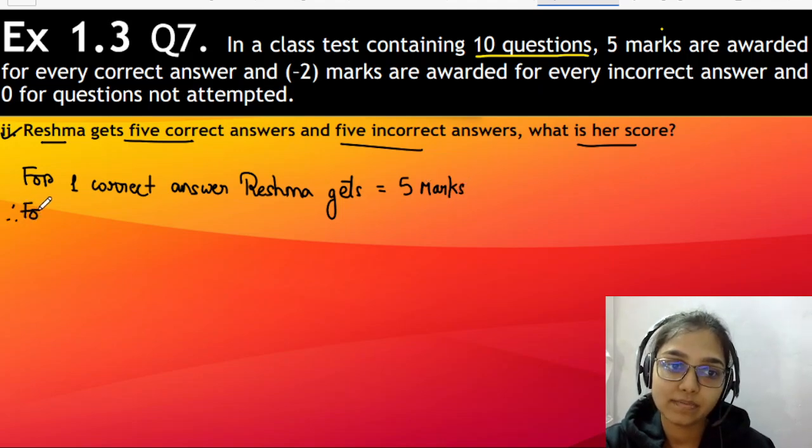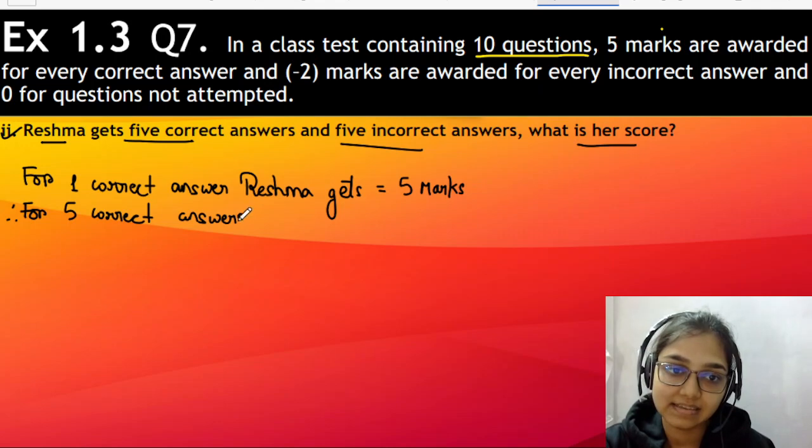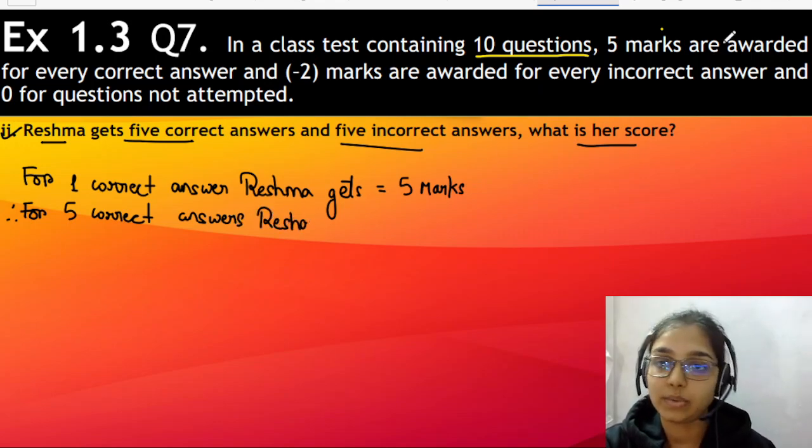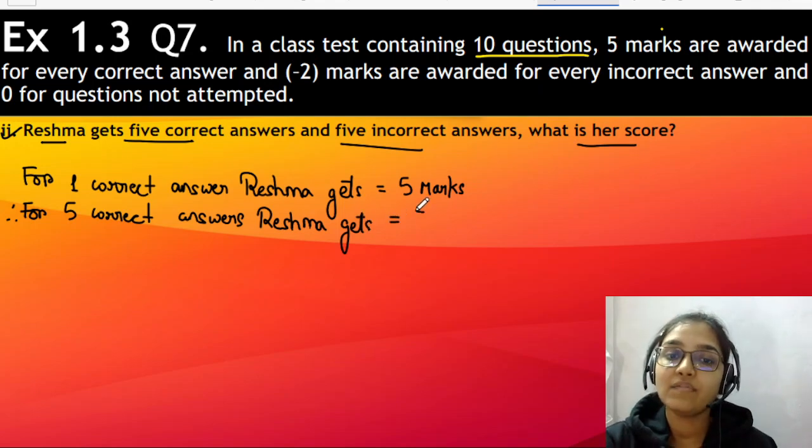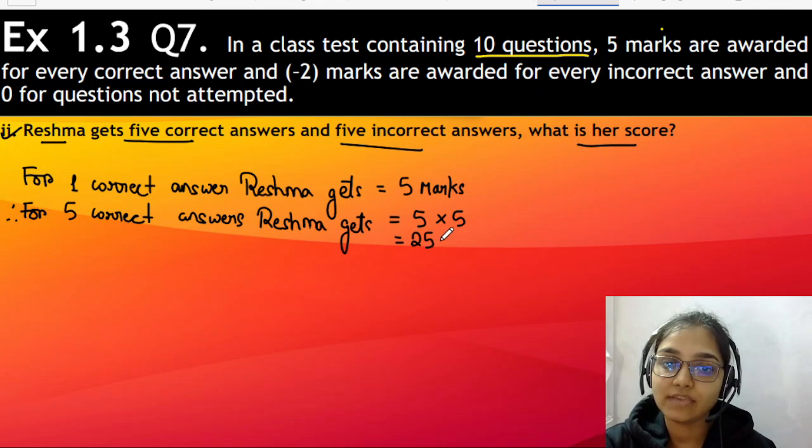Therefore, for 5 correct answers, how many marks is she going to get? For 5 correct answers, Reshma gets 5 into 5, that is 25 marks.